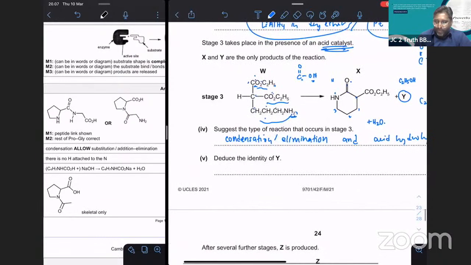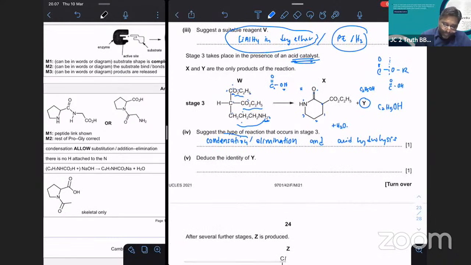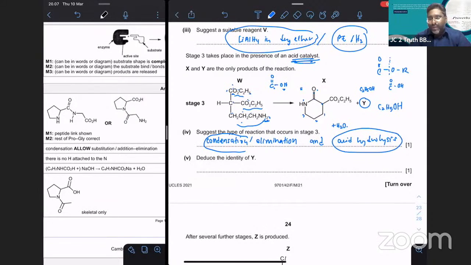So suggest the type of reaction that occurs in stage number 3. If I want to suggest, I'll say the first must be acid hydrolysis. They didn't include acid hydrolysis in the marking key, but I will also include it. After that, water is going to be eliminated over here, so it is going to be an elimination reaction or condensation reaction, forming the amide linkage.